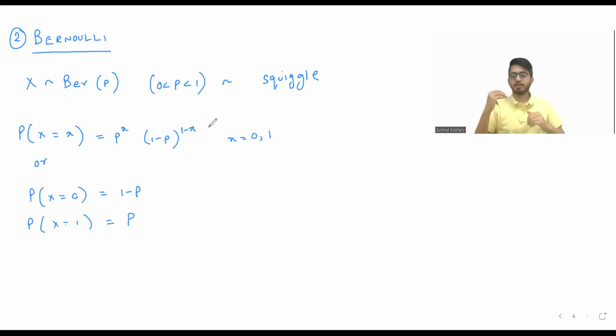For example, if you cleared the exam, I will say it's equivalent to success, and if you fail, it's a failure. So I will take the value 1 if you clear the examination, and if you fail, then I will take the value 0. So for the application, any case where an experiment or scenario can have only two possible outcomes, I can model it as a Bernoulli random variable.